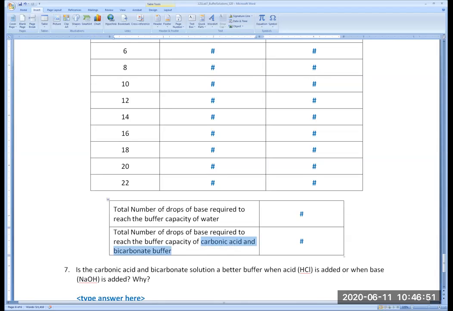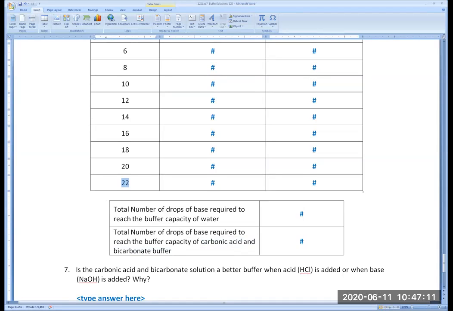So again, here the total number of drops of base required to reach the buffer capacity of water should be a very small number. And here the total number of drops of base required to reach the buffer capacity of the carbonic acid and bicarbonate buffer should be a number much larger than 22.